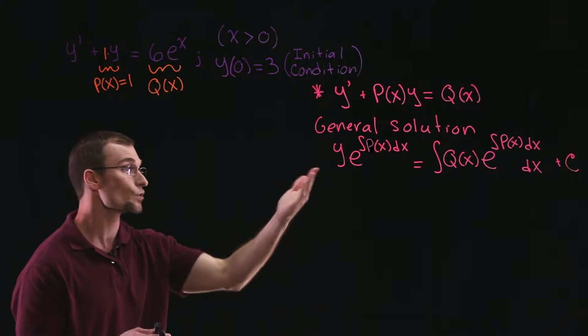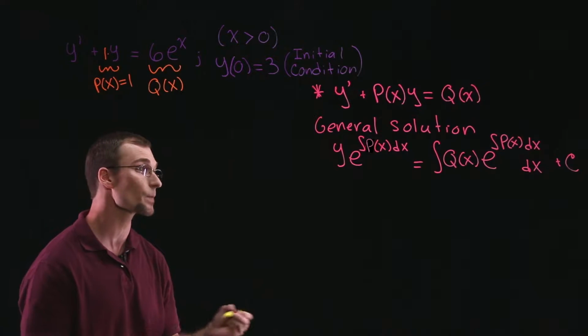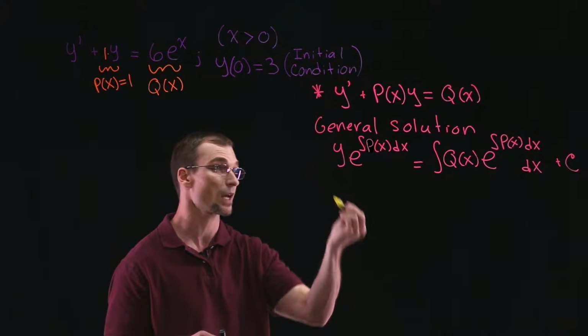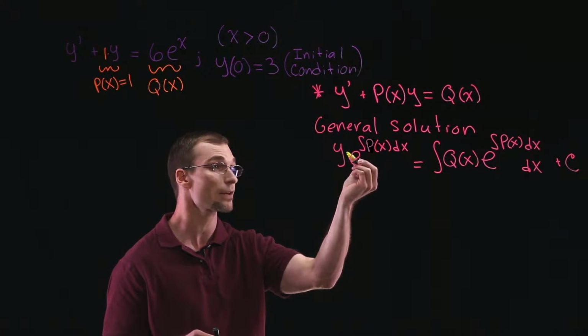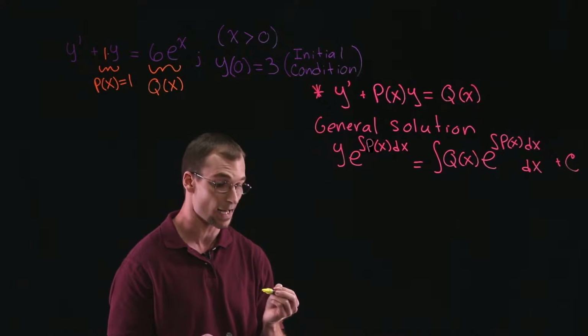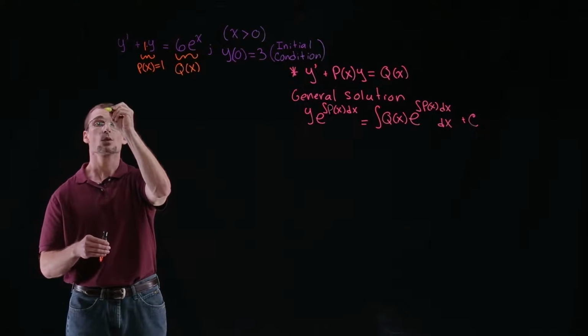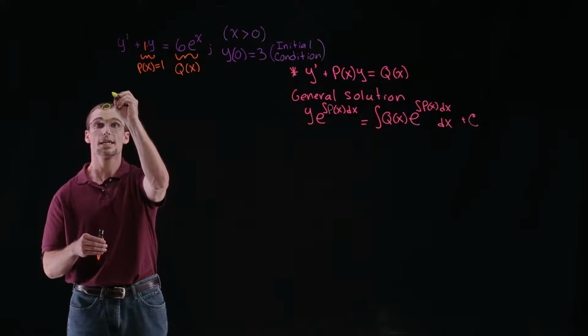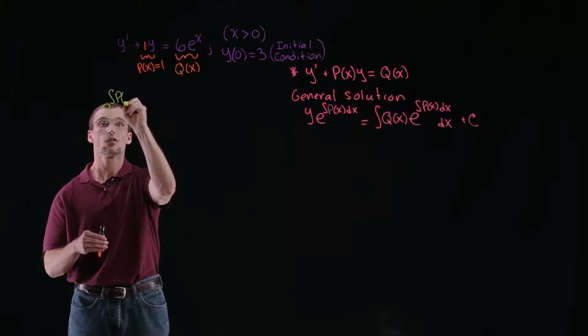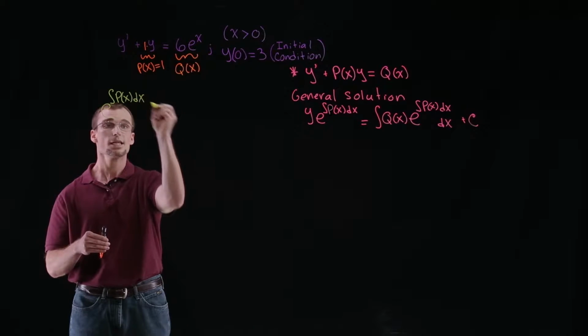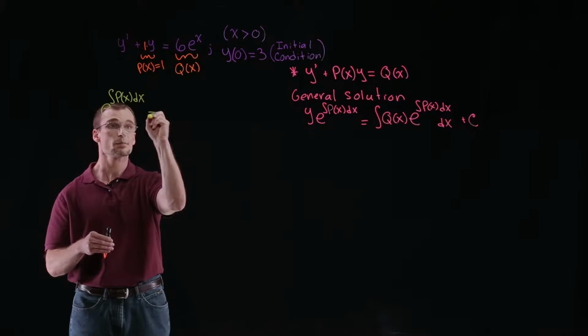So now looking at the general form of the solution, what we want to develop, at least starting with the left-hand side, is y times e raised to the integral of p of x dx. So what do we have there? That's where we'll start, with e to the integral of p of x dx. Now there's two ways that this can be done.